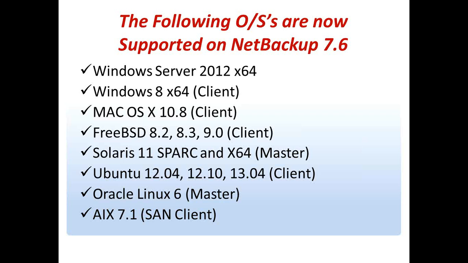Mac OS X 10.8 is supported as a client. FreeBSD 8.2, 8.3, and 9.0 as a client. Solaris 11 SPARC and x64 as a master. Ubuntu 12.04, 12.10, and 13.04 as a client. Oracle Linux 6 as a master, and AIX 7.1 now is supported as a SAN client.